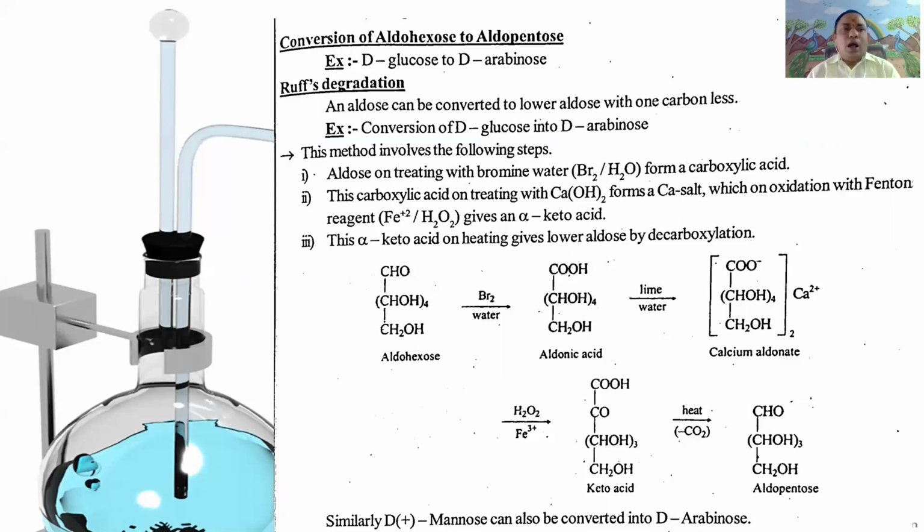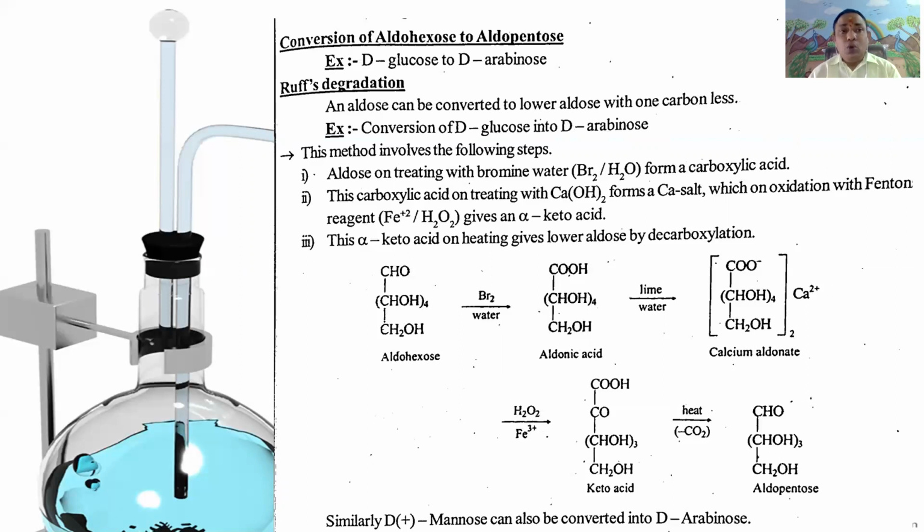First step, aldohexose undergoes oxidation with a mild oxidizing agent like bromine water. It gives gluconic acid, or aldohexanoic acid, or aldonic acid. In the second step, this gluconic acid upon treatment with lime water gives calcium gluconate, or calcium aldonate.